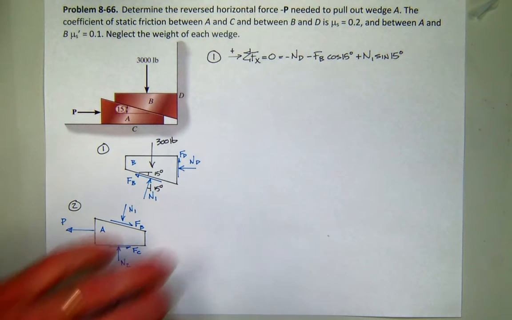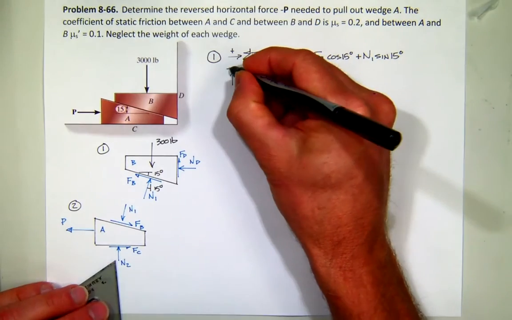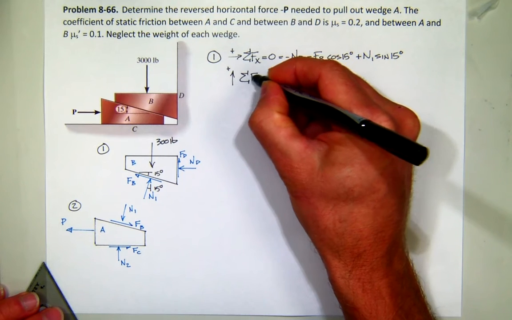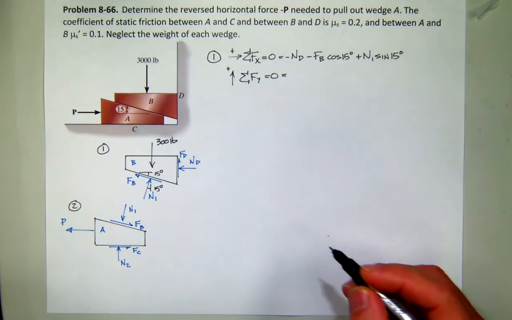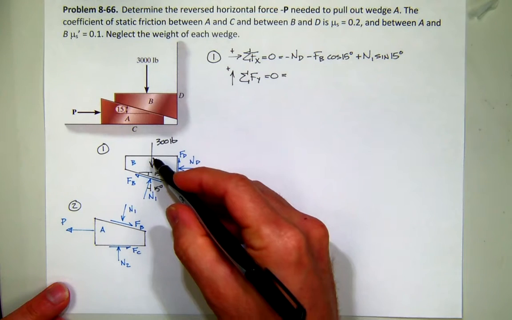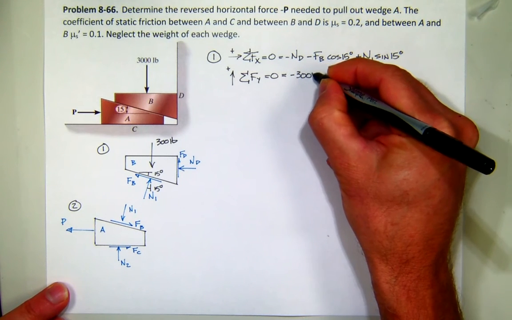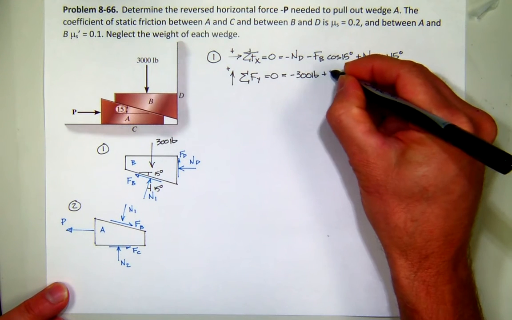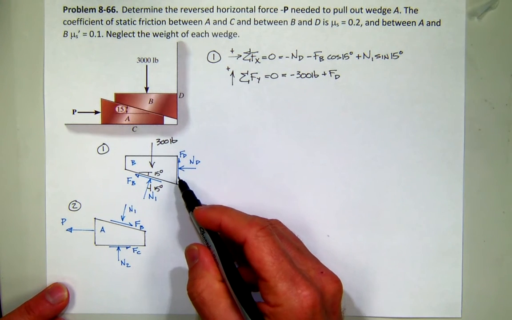That doesn't look too exciting right now. Now some forces in the y direction. So let's see what we've got. We've got 300 pounds acting down. Got the friction force at D going up. It's 3,000. Oh, it's 3,000.